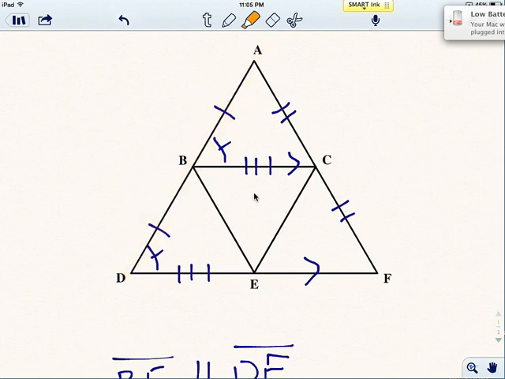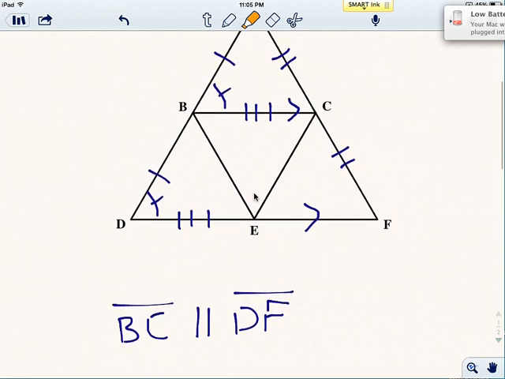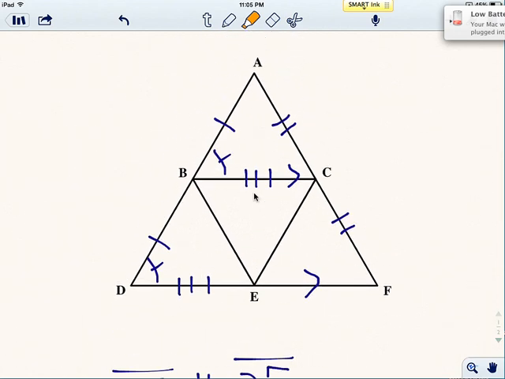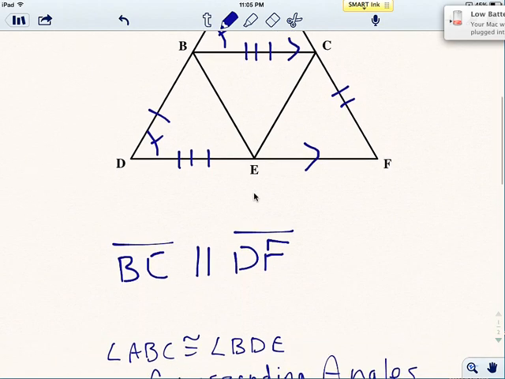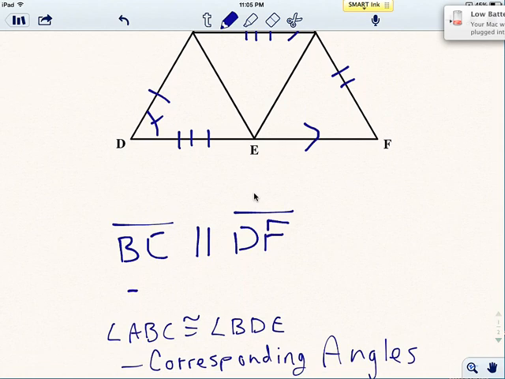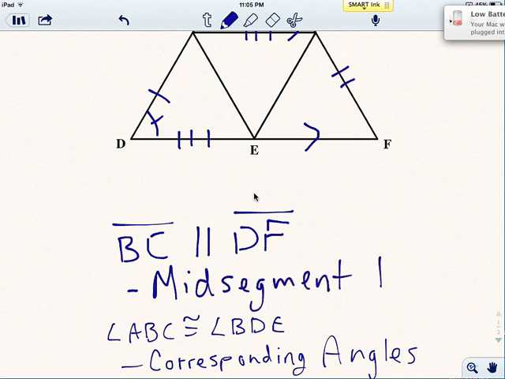All right, and if BC is a mid-segment, then I automatically know, because of the mid-segment theorem, that the mid-segment BC is parallel to the third side, which is DF. So what I'm going to do down here is write in mid-segment theorem.